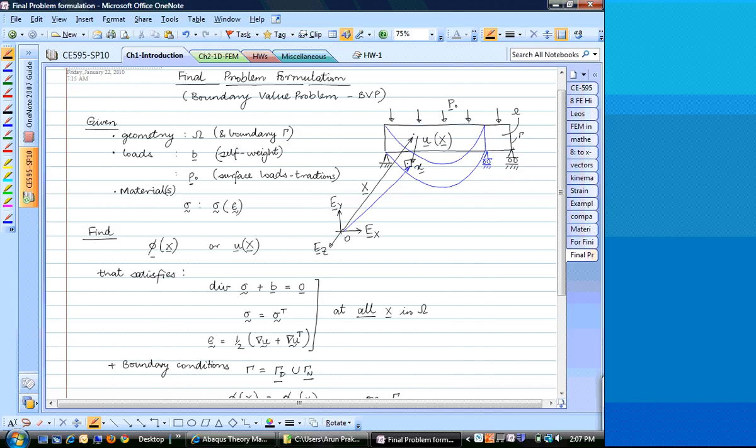Wherever you have a displacement that is specified, so for example right here, this would be a part of gamma d. Similarly here, this is a part of gamma d. Everything else is the boundary where displacement is not specified. So everything else is gamma n.